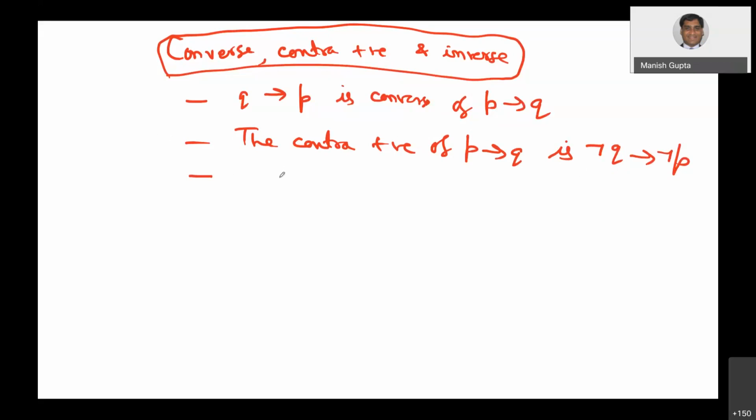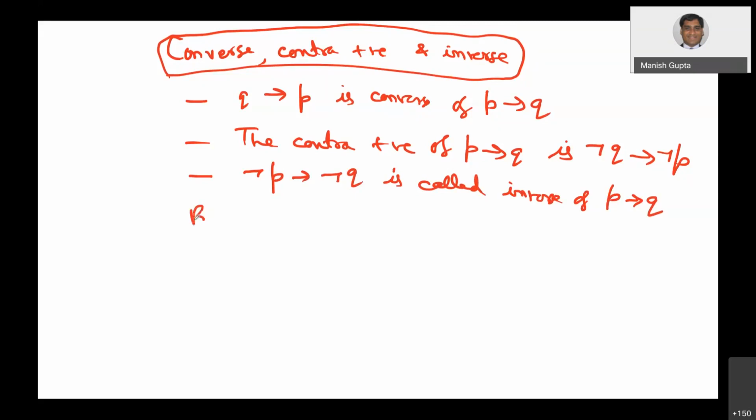As a tea time problem, I would like to invite you to tell me in which proof we were doing this. Next, negation of P implies negation of Q is called the inverse of P implies Q. So this is converse, contrapositive, and inverse.